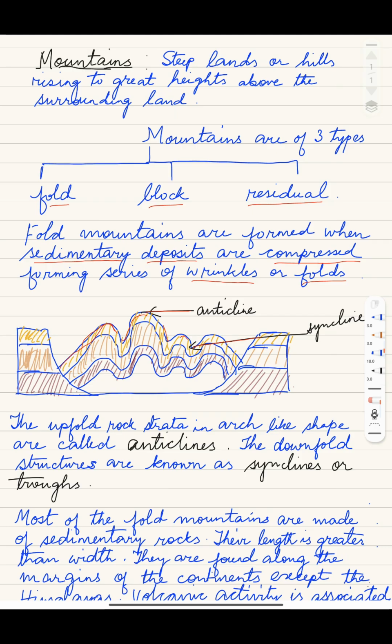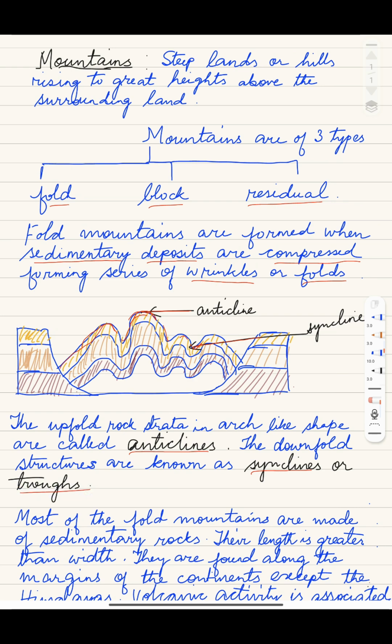So, upfold rock strata is in an arch-like shape, and are called anticlines. The downfold structures are known as synclines or troughs.